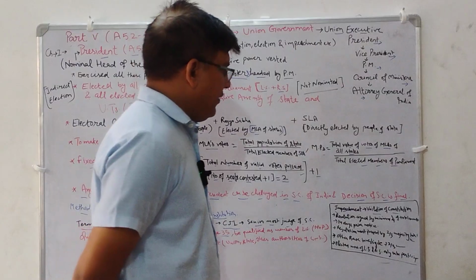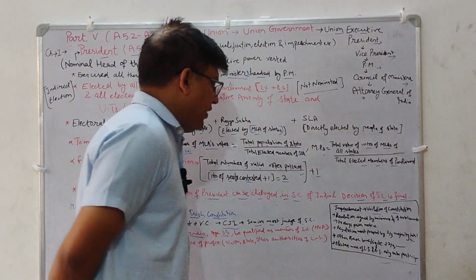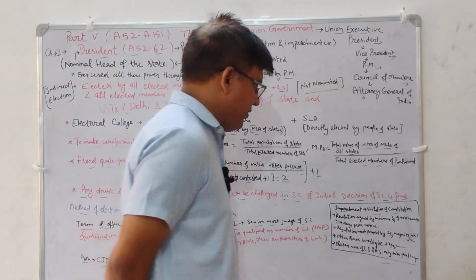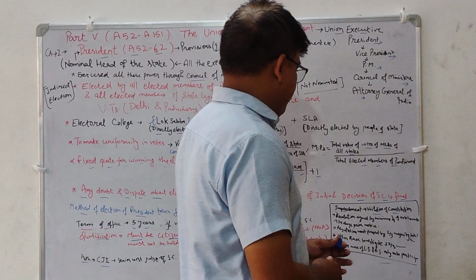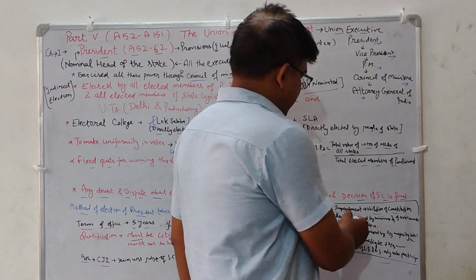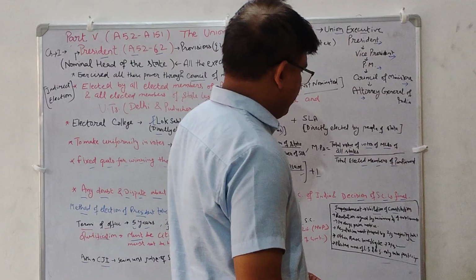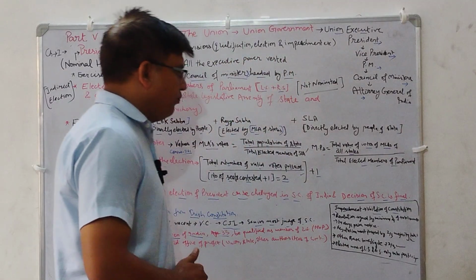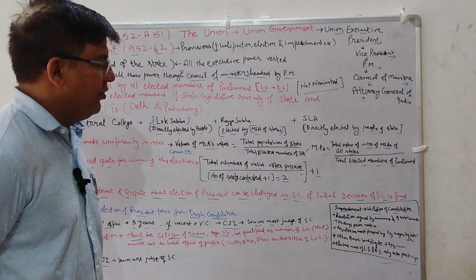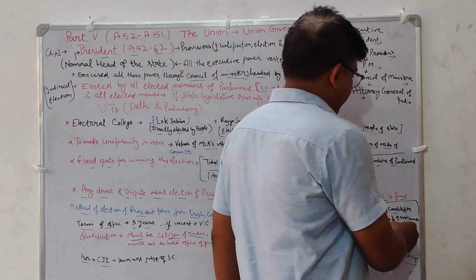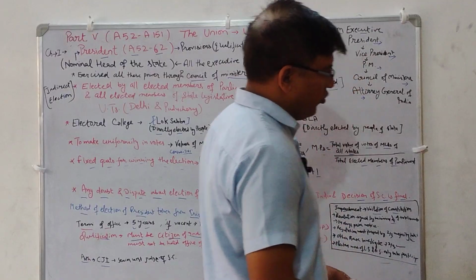But if any house wants to impeach the president, there are some conditions. The house which produces a resolution must have it signed by a minimum of 1/4 of the members of the total membership.